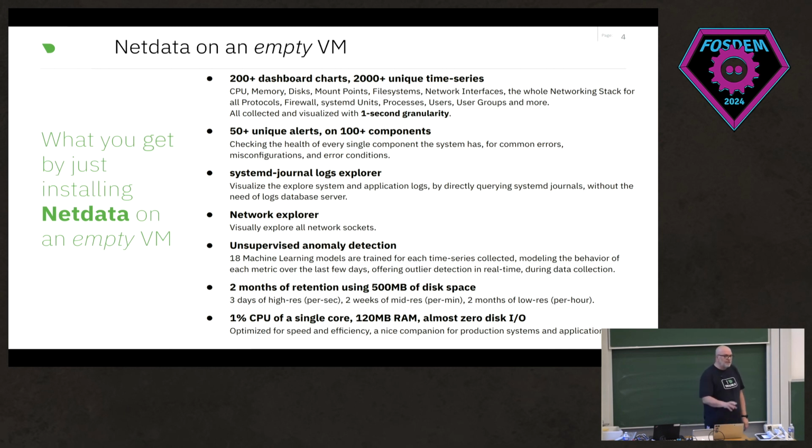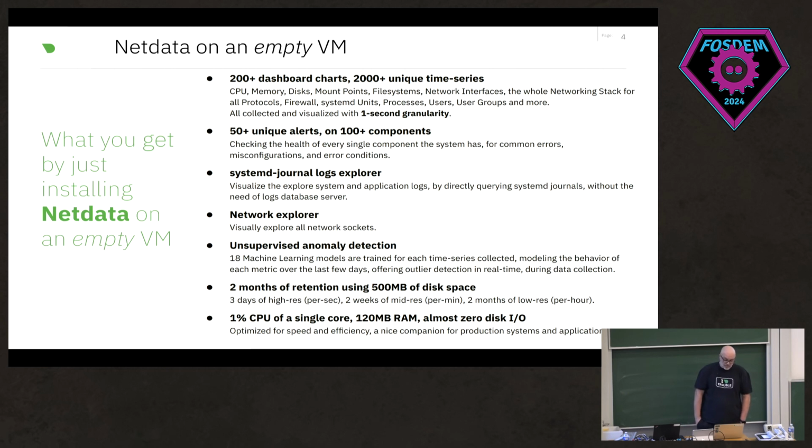So if you install Netdata today on an empty VM, you just go to AWS, get an empty VM, and install Netdata, what are you going to get? You're going to get 200 dashboard charts, 2,000 unique time series, 5 unique alerts, monitoring more than 100 components.